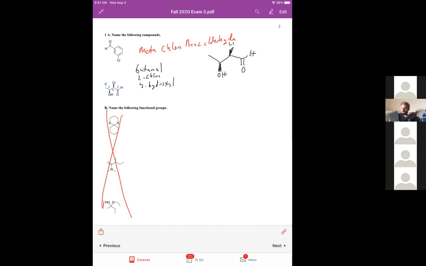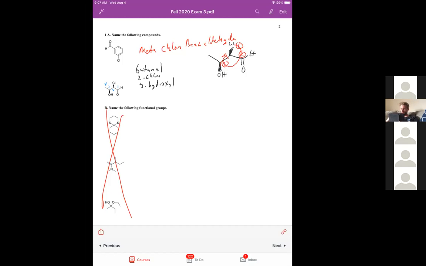Chlorine is going to be our highest priority. And then we have carbon double bonded oxygen on one side, carbon single bonded oxygen on the other. So this should be higher because you have the double bond.